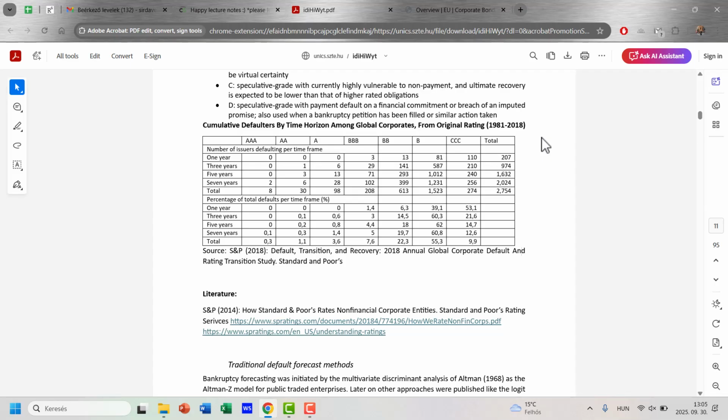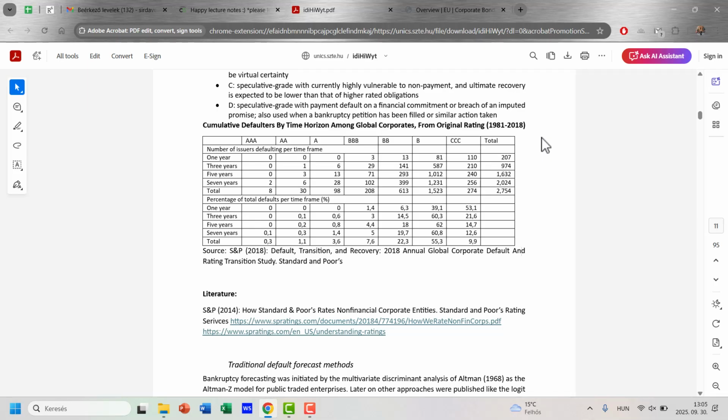So the gap between BBB and BB is really high in terms of risk spreads and any other spreads, or also the volatility of the yields, and that's why the bond yields are way higher in the speculative grades.